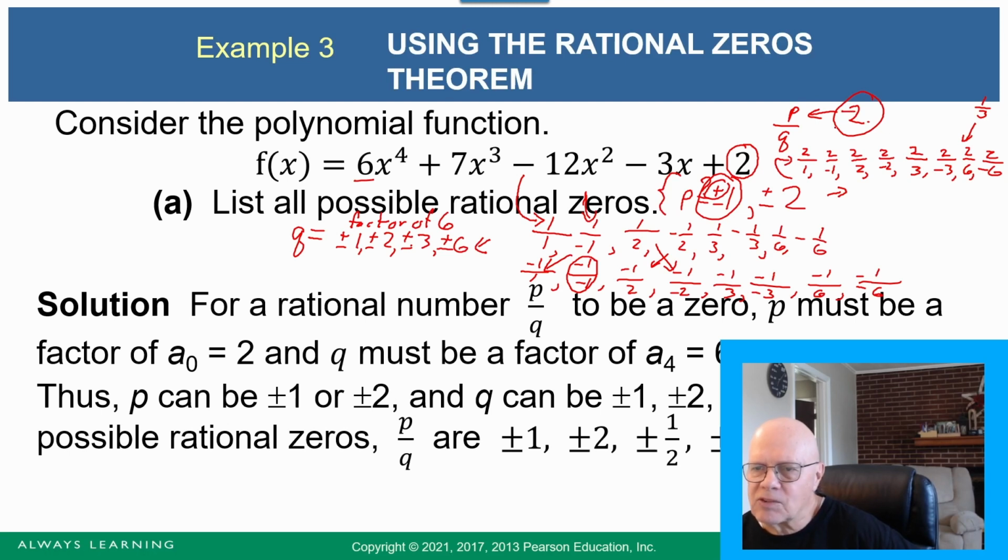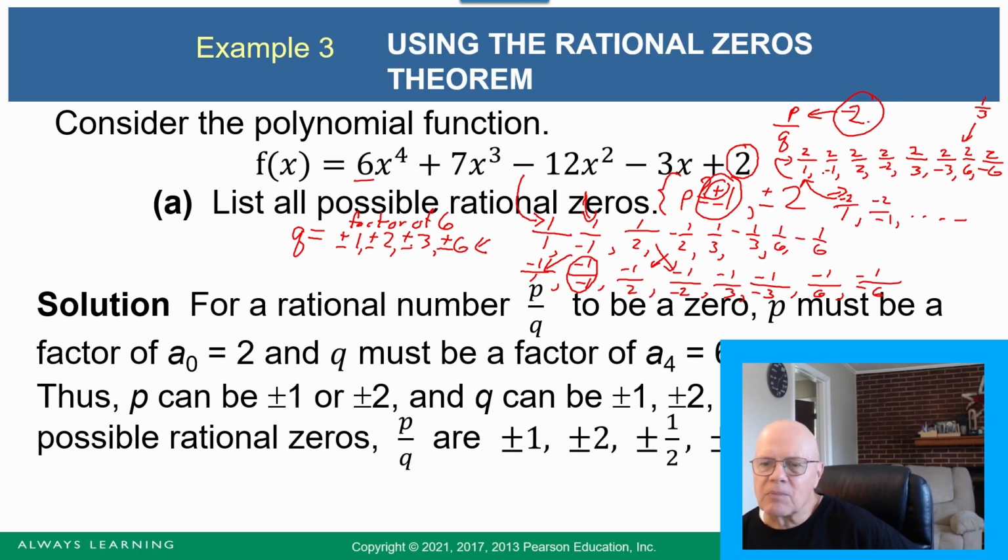Now a list for the -2. Well, we end up with some of the same things. For example, -2 over 1, that's a pair of this one. We have -2 over -1, and so on.